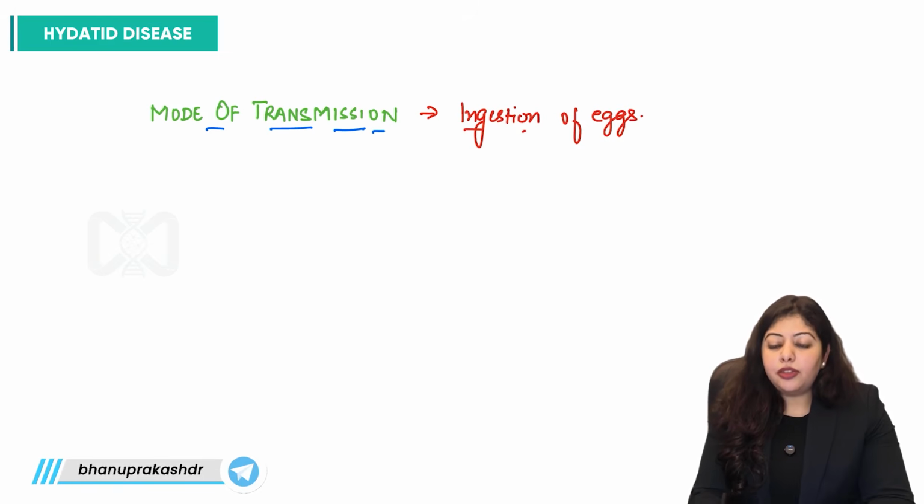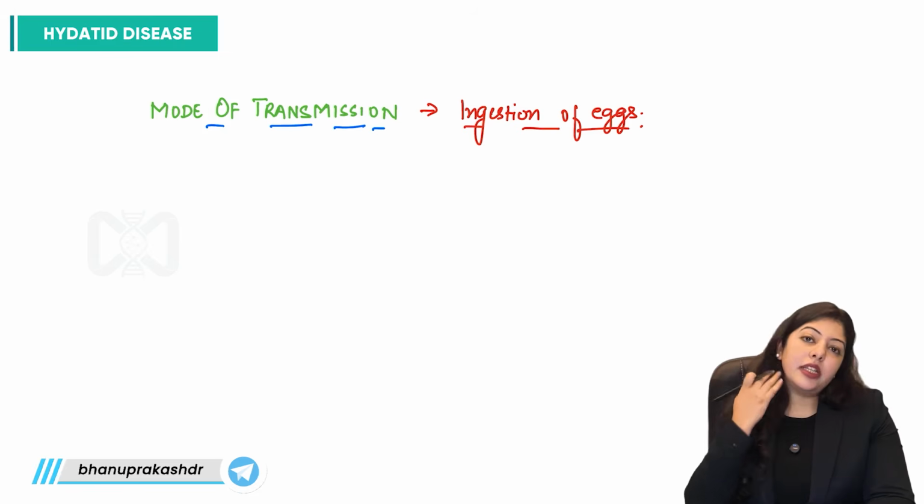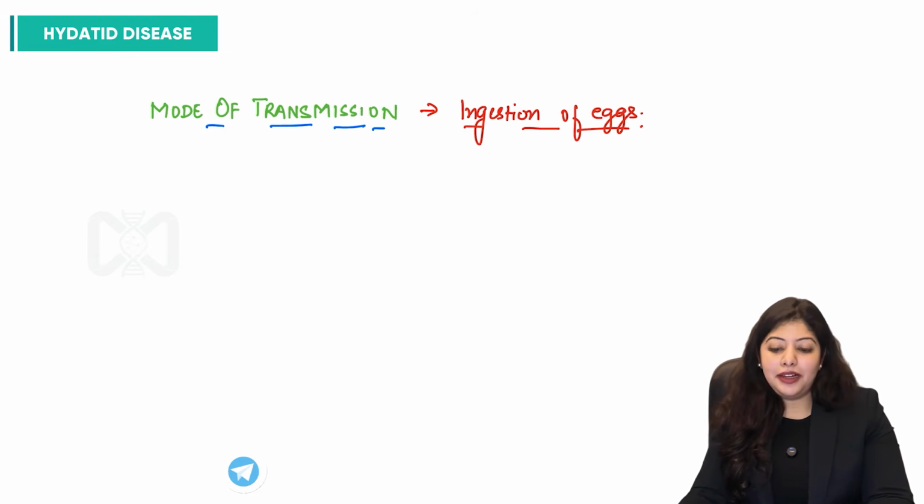Now, since it is pathogenic to human beings, firstly we will be talking about how these cysts are forming and how they are infecting us.